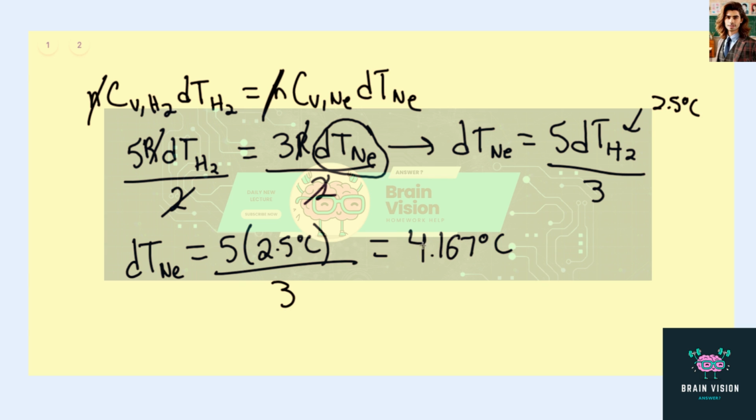So if you were to add 300 joules to the neon system, instead of increasing it by 2.5 degrees Celsius, that was the temperature increase of the hydrogen system, here it would be a 4.167 degrees Celsius temperature increase in the neon system if the same amount of heat was given to the neon system.